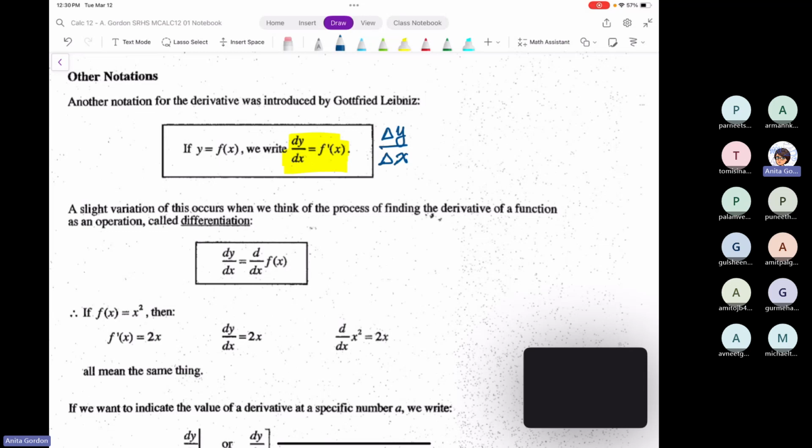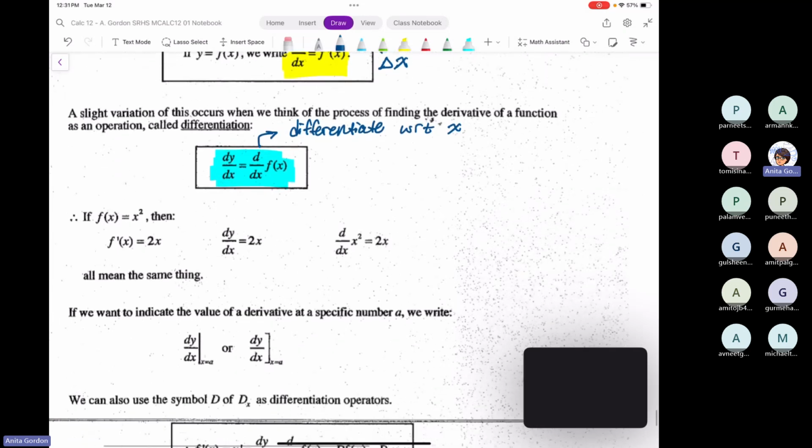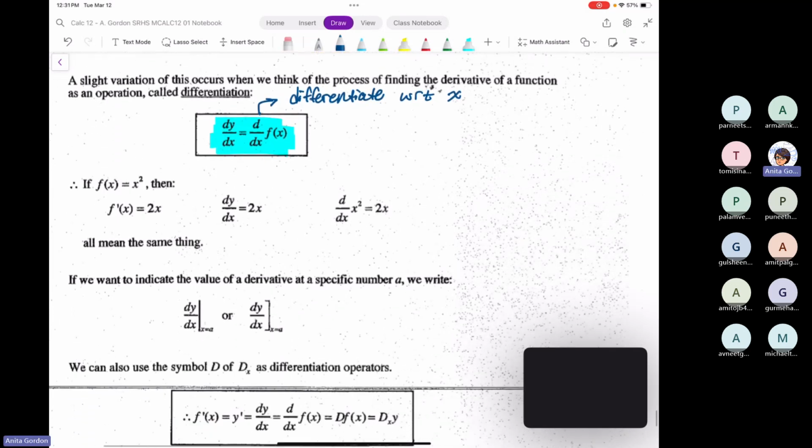Okay, so we can have different notations. Here's another way that you can see it. D by dx. This means differentiate with respect to the x variable. Okay, because you could have an implicit equation. You remember implicit equations?